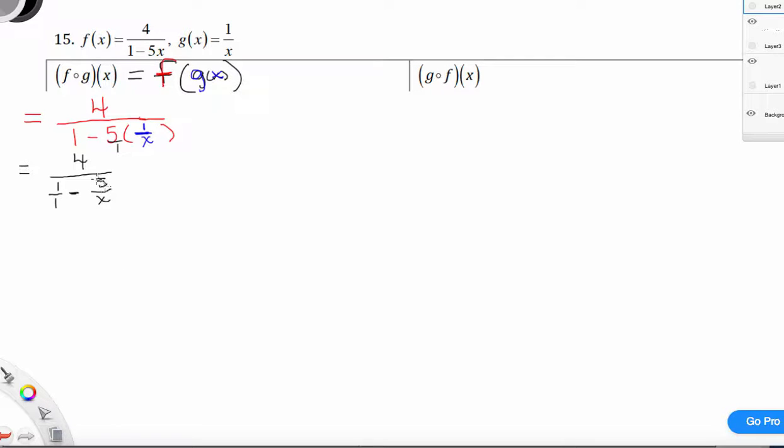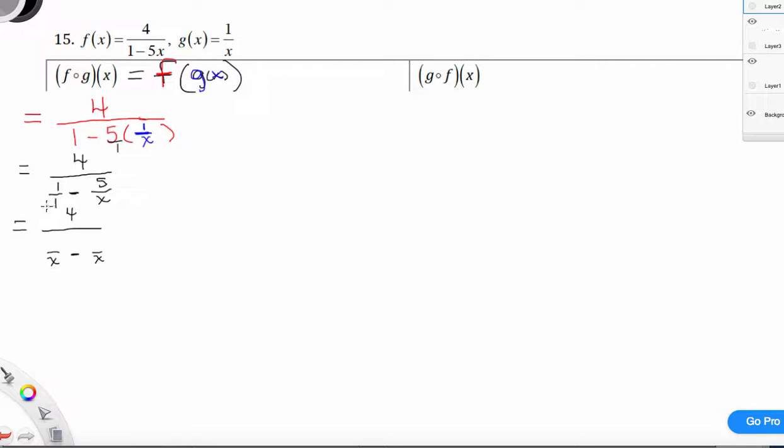And then the 1 minus 5 over x has to be combined. So I'm going to find a common denominator between the two fractions, which would be x. I find the common denominator by multiplying both my denominators together, and 1 times x just gives me x.